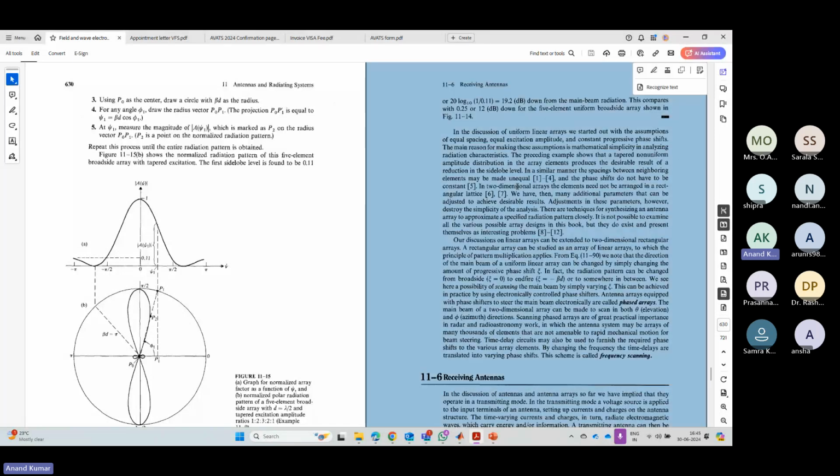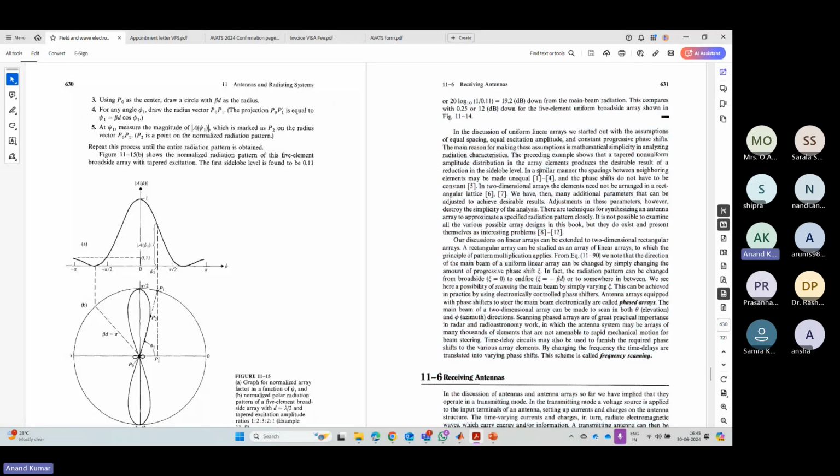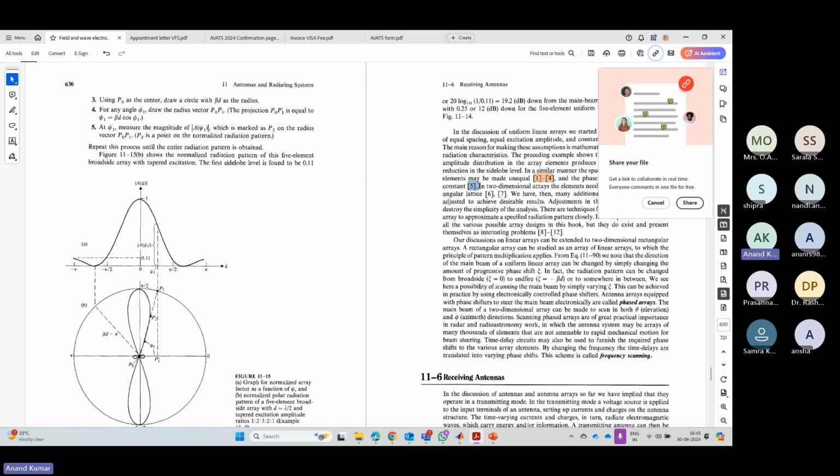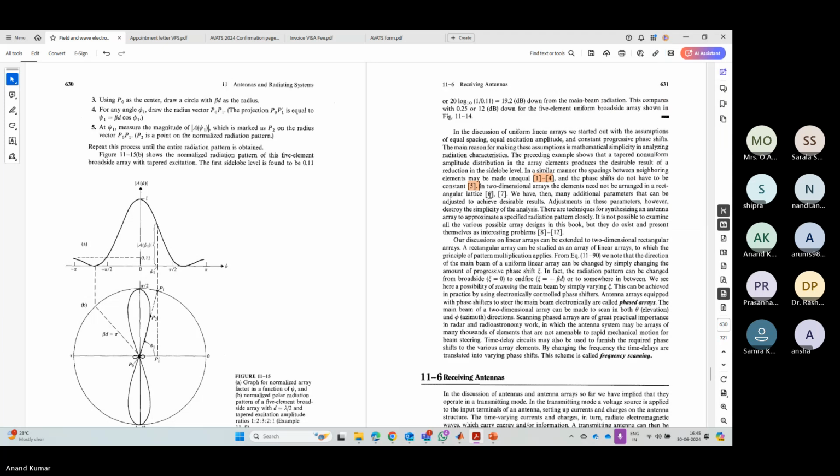You can see the references 1 to 5 in the textbook. These are on non-uniform arrays. You can go through these references for a better understanding of non-uniform arrays.